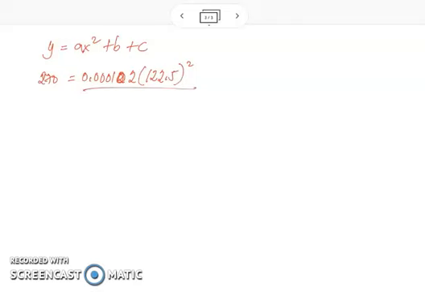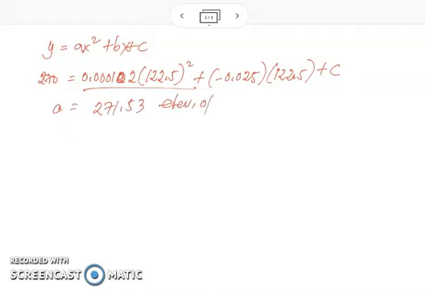Then this is plus negative 0.025, which is our B, times 122.5 plus C. So if we try to simplify, our C here is 271.53. So this is now the elevation of PVC.